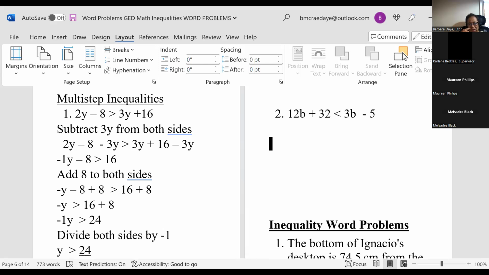So what did you subtract, Maureen? 3B from both sides, not just 3. Right. Well, you didn't say that. I see a 3B, and you're absolutely right. Subtract 3B from both sides. Now, did you get a final answer?